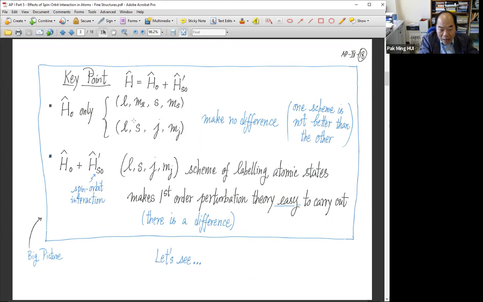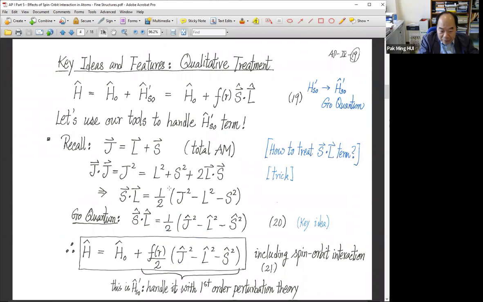Will this new way be better than the old way? The new way has the label of total angular momentum j, and l and s for the L vector and S vector. But there's no mention of the z components anymore. We replace them by the total j and the total's z component.